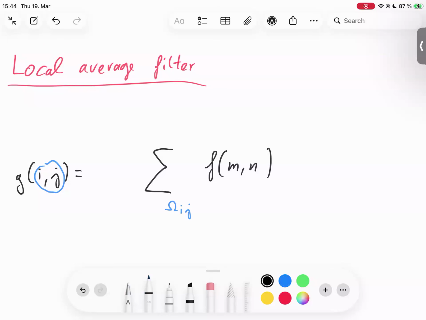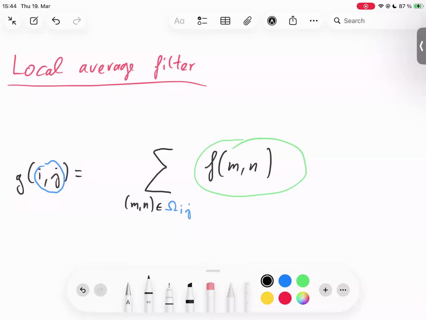And now it's actually a set. So I go through this set, and the elements in the set are mn. So I have a tuple in the set, and mn is in the neighborhood of this pixel ij. And I go through the neighborhood and I sum up all the pixels in the neighborhood. The neighborhood can include my actual pixel plus the pixels around it.